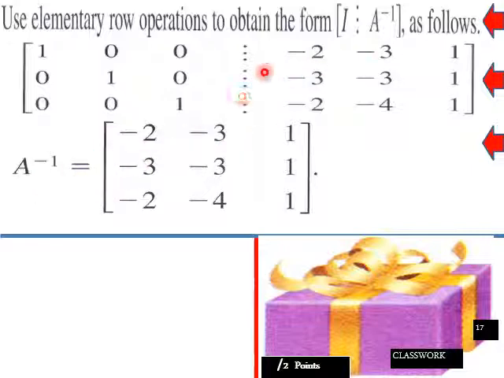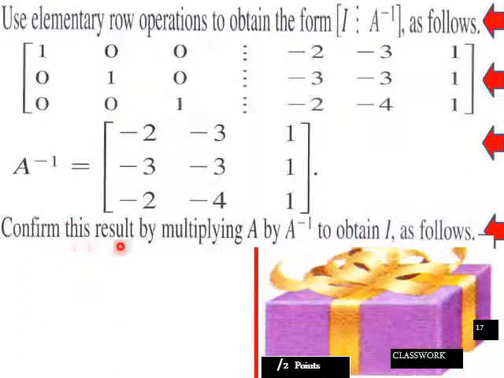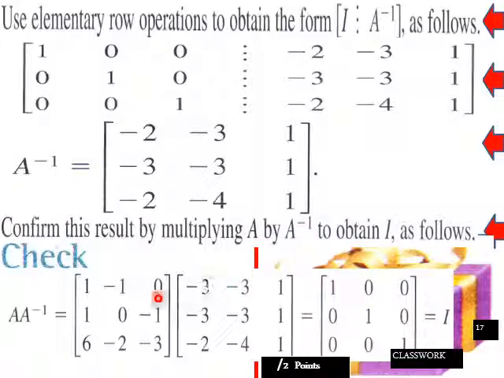So this is our inverse of A right here now. Confirm this result by multiplying A by inverse A to obtain I as follows. And then here's your check. So when you multiply this by this, you'll go back to your original matrix there. So this times this will become that.